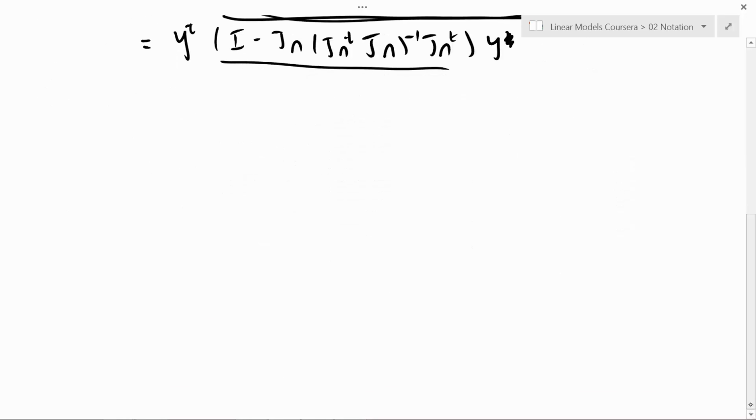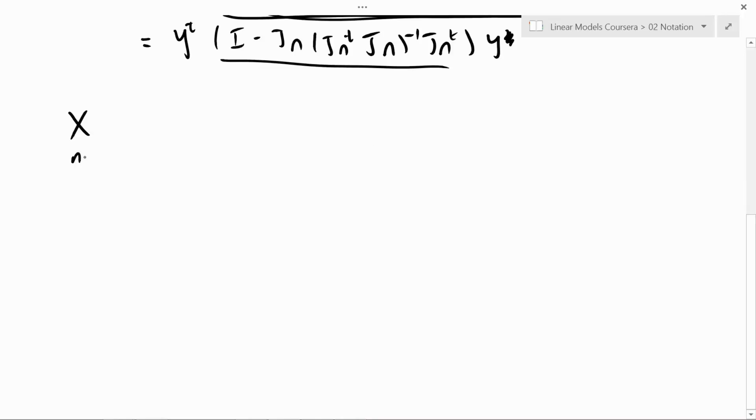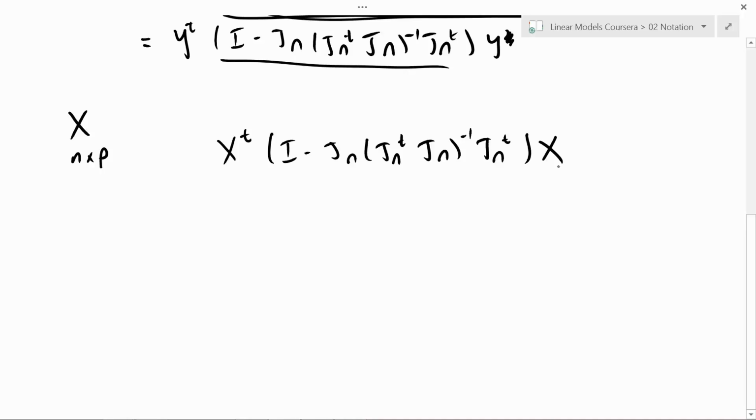Let me give you another example that is quite useful. Suppose you have a matrix X, which is n by p, and you took X transpose times I minus jn transpose jn inverse jn transpose times X. Remember, if we pre-multiply X by that matrix, it's going to center all the columns.